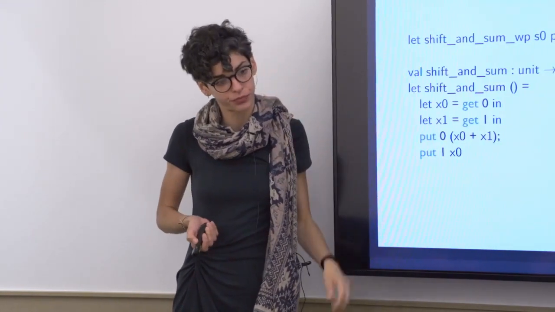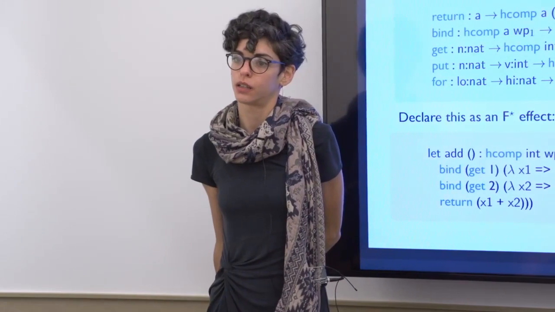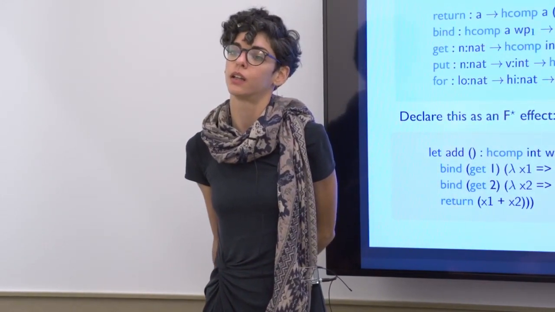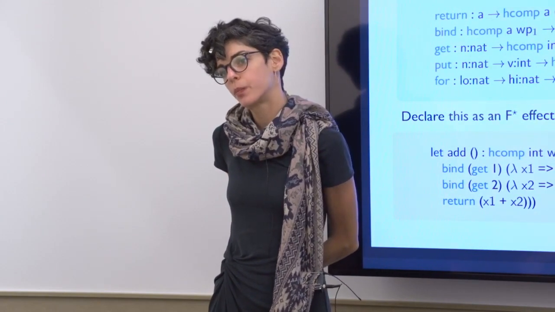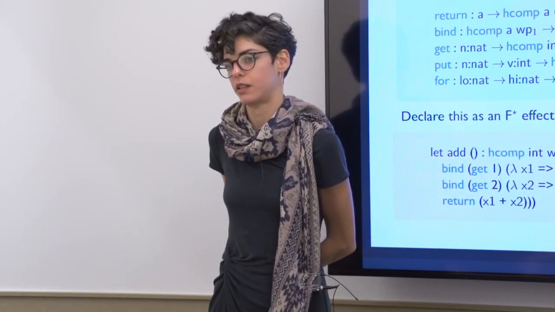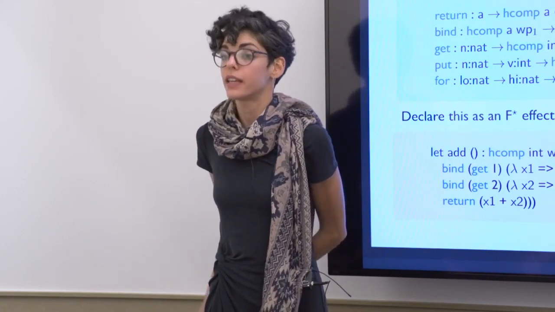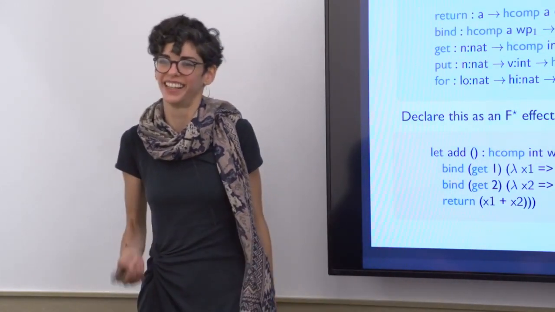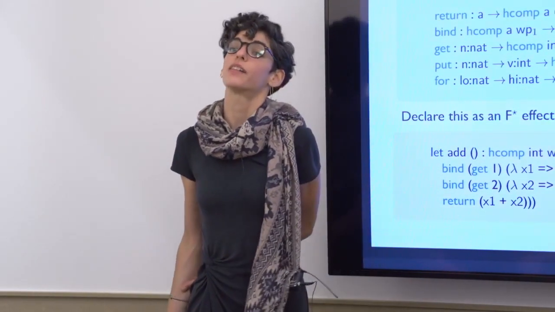Sorry. If I understand correctly, your DSL has a formal semantics that is defined in F star, but it's not a subset of F star. It is, yes, it is a subset of F star, directly. It is an embedded DSL.